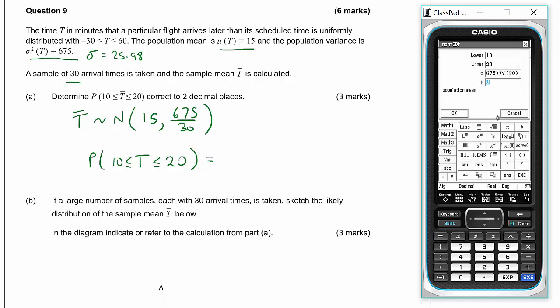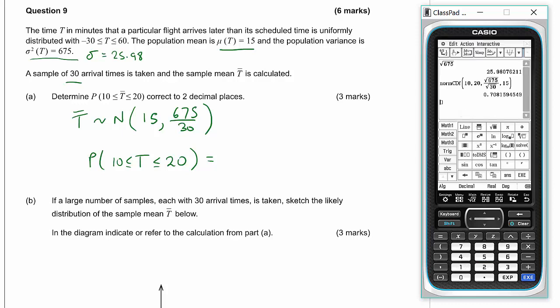And our mean is 15. And we'll just calculate 0.7082.